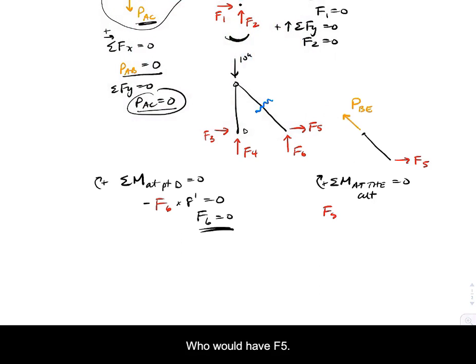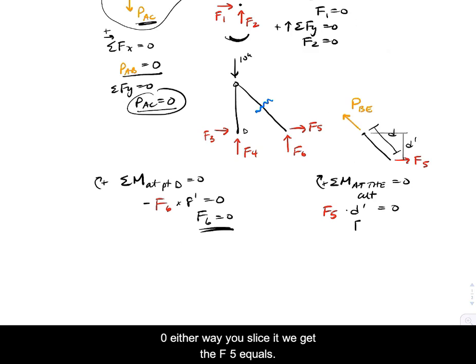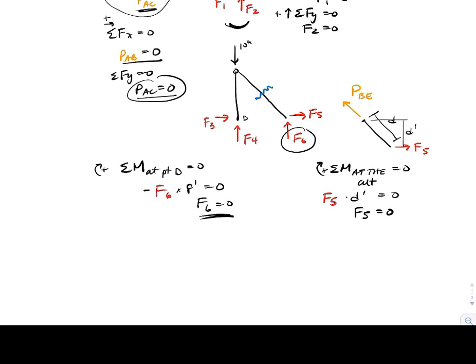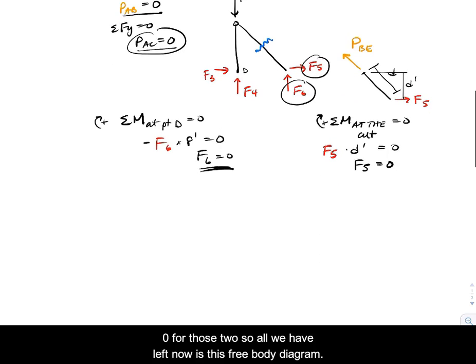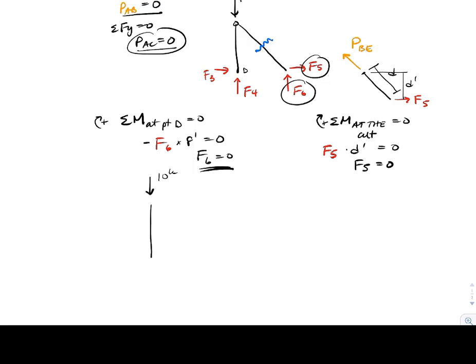We would have F5, and I actually didn't specify, so I'm just going to call it D. And so its perpendicular distance would be D prime equals 0. Either way you slice it, we get that F5 equals 0. So we've got 0 for those two, so all we have left now is this free body diagram.